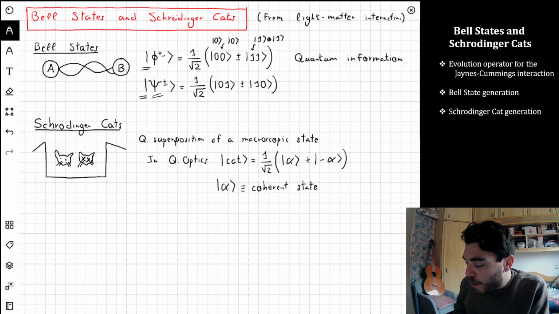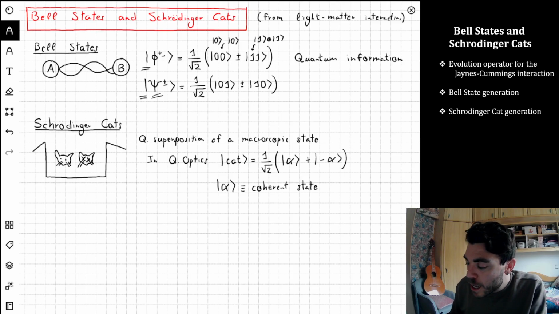And then we will also derive the Schrodinger cat state. Now, the Schrodinger cat, as you might know, is from the Gedanken experiment of Schrodinger, that if you have a macroscopic object that you can put in a quantum superposition, you would have kind of a paradox.